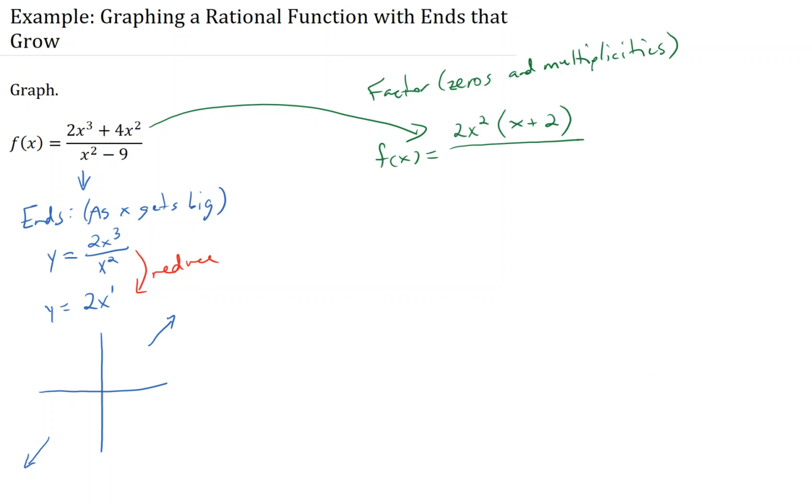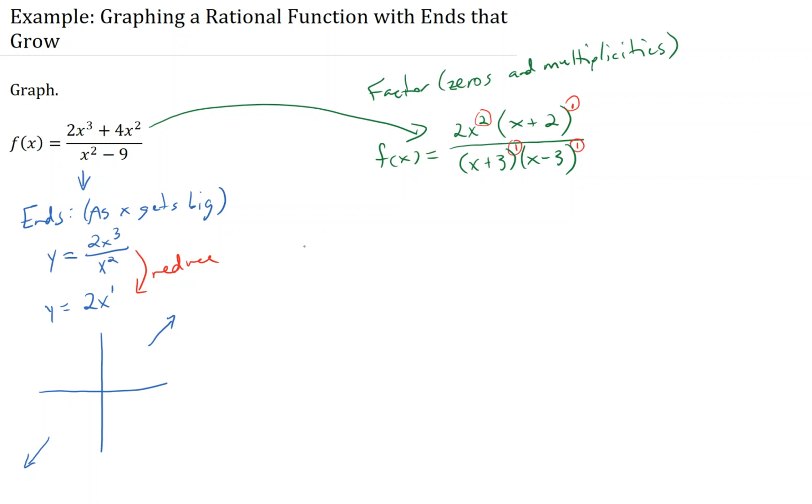And on bottom, if I factor x squared minus 9, I get x plus 3 times x minus 3. And so x plus 2's to the first power, x plus 3's to the first power, x minus 3's to the first power, and x is to the second power. So those are the multiplicities of the zeros.